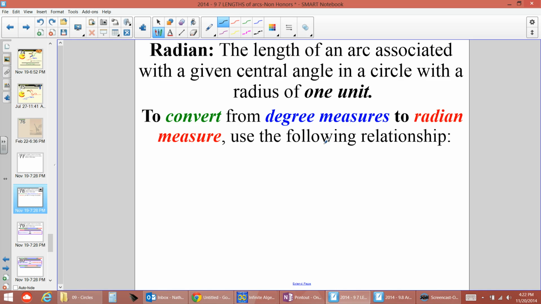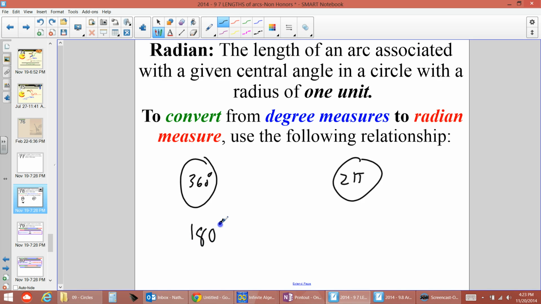now we talk about how to go from degrees to radians. The first thing I want you to understand is that a full circle in degrees is 360 degrees. Well, a full circle in radians is 2 pi. Now, a half circle in degrees, we know that's 180, that's a semicircle. Well, what would a half circle in radians be? We just got to cut this in half.